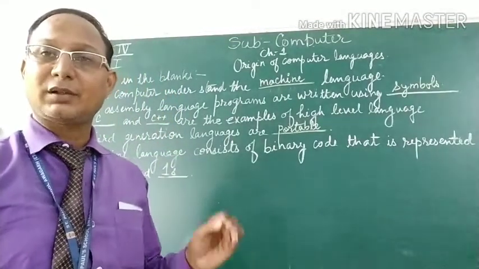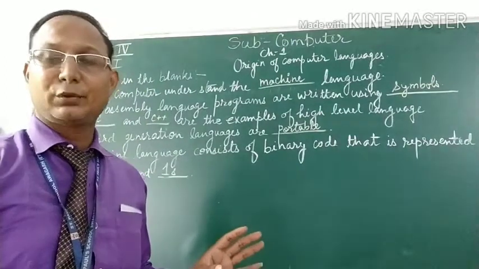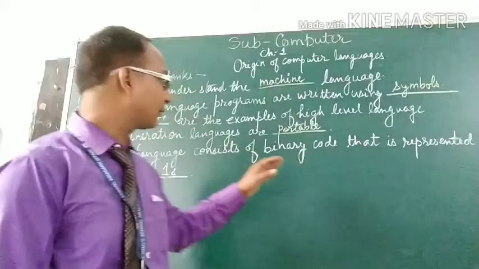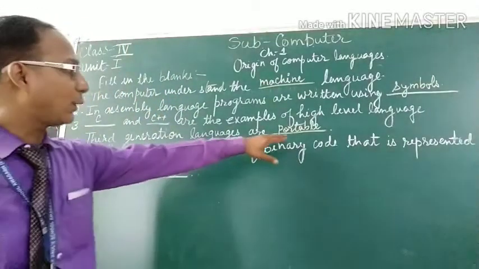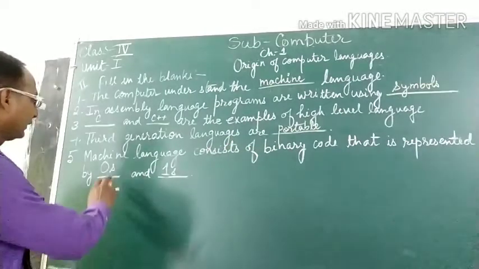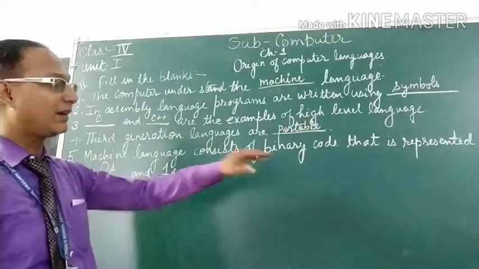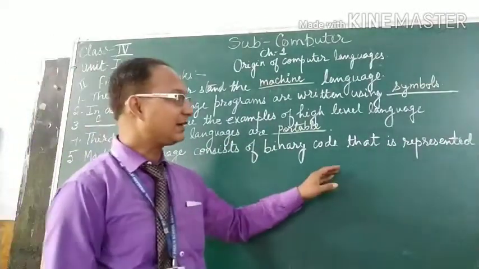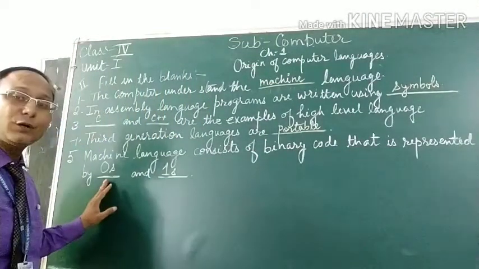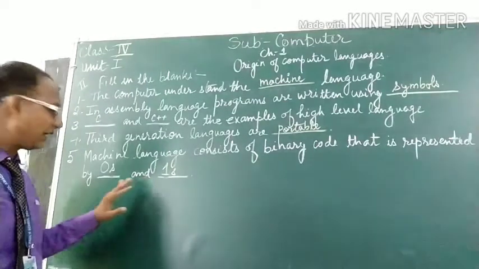They can be used on the same computer. They can't be ported to the next computer. So the answer will be portable. Third generation languages are portable. Machine language consists of binary code that is represented by zeros and ones.